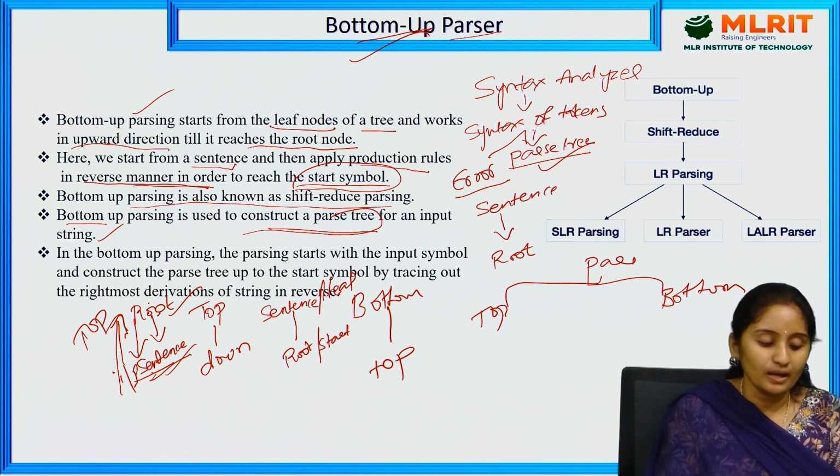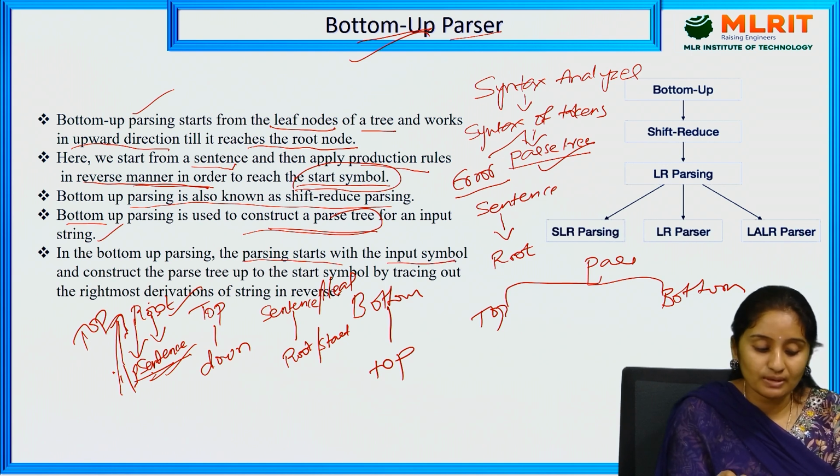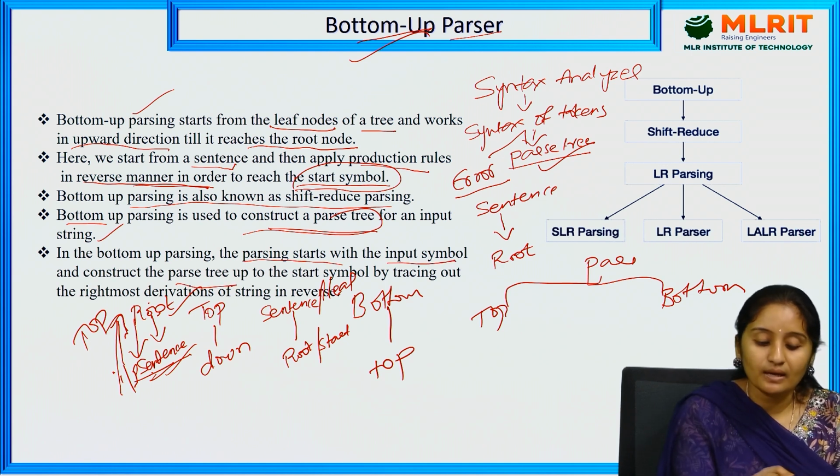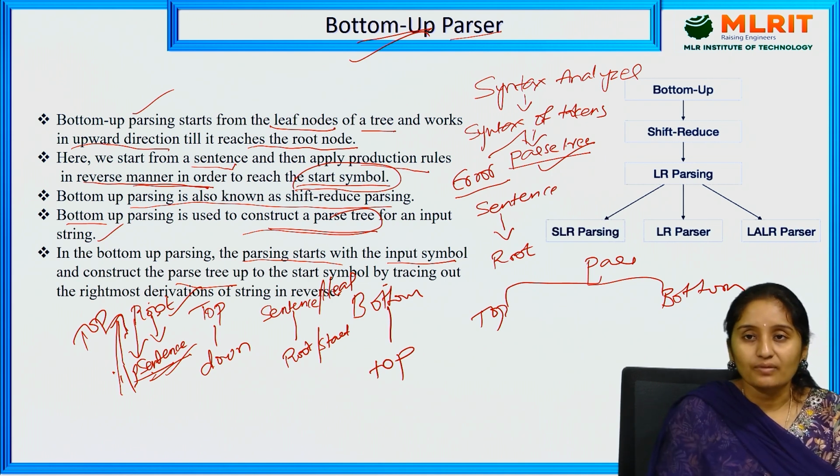In bottom-up parsing, the parsing starts with the input symbol and constructs the parse tree up to the start symbol by tracing out the rightmost derivations. So we generate the rightmost derivation of a string in reverse order.